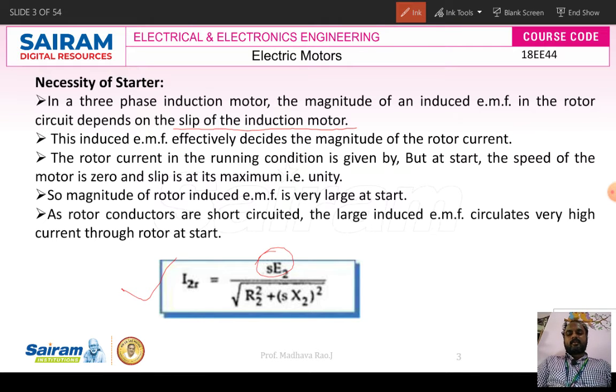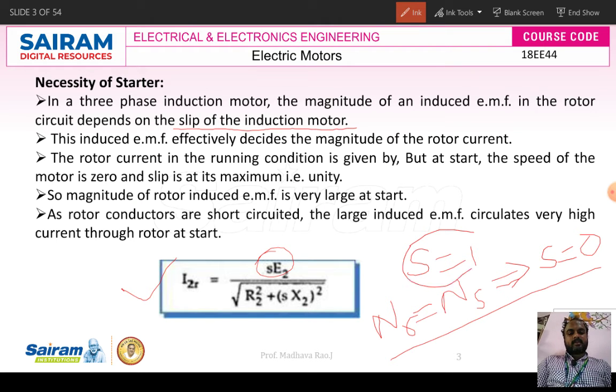The magnitude of the rotor induced EMF is very large at starting, because at starting slip is equal to 1. Once the motor runs at synchronous speed, slip is equal to 0. At starting, slip is equal to 1, so the induced EMF is very large.